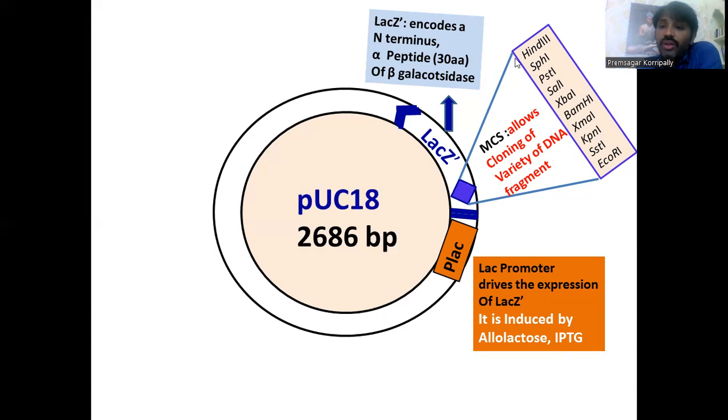And at the end you are taking HindIII, right? Then exactly the start codon comes under the P-lac promoter, and the end goes to the end of this lacZ, right? So directional cloning is also possible with the multiple cloning sites. You need to use two restriction enzymes to clone your gene of interest, and that is called directional cloning.